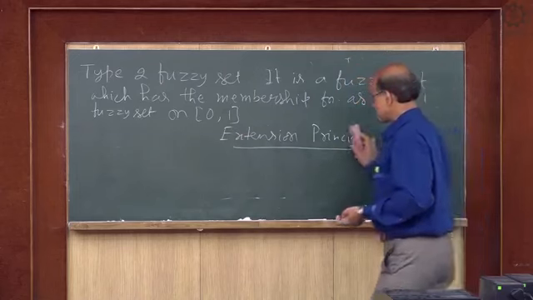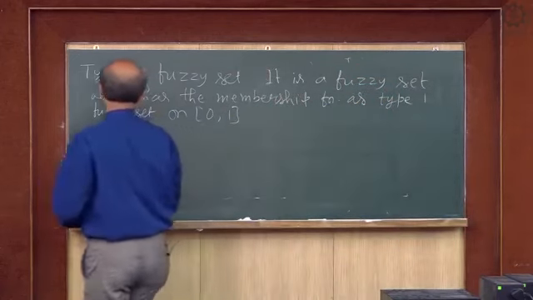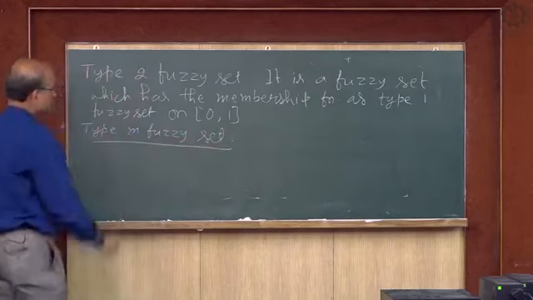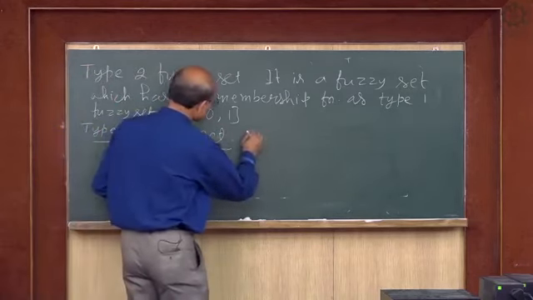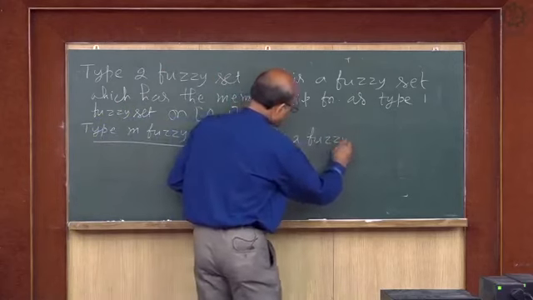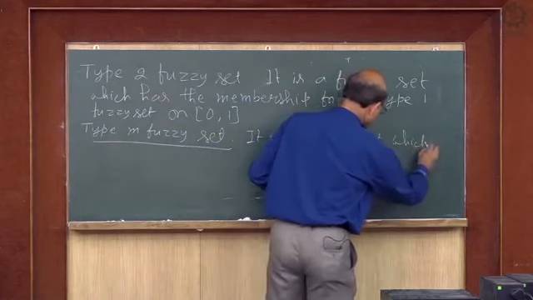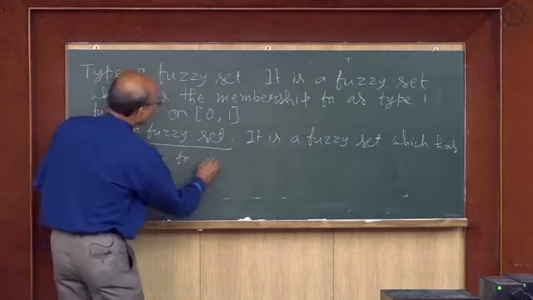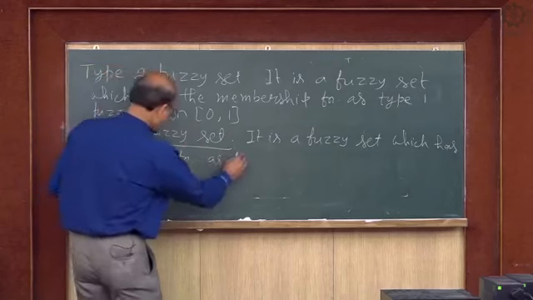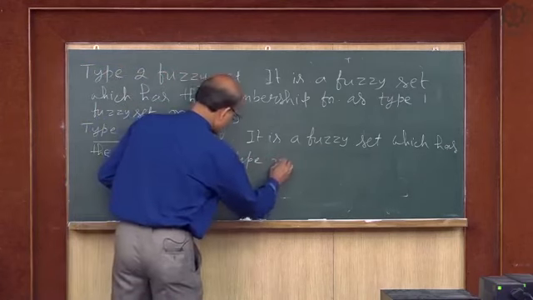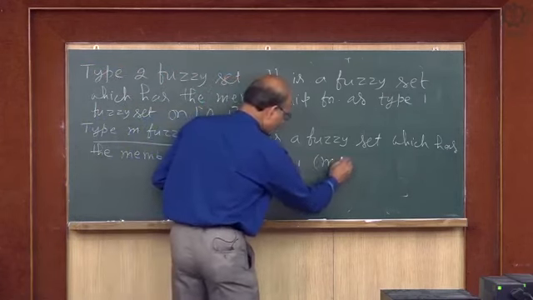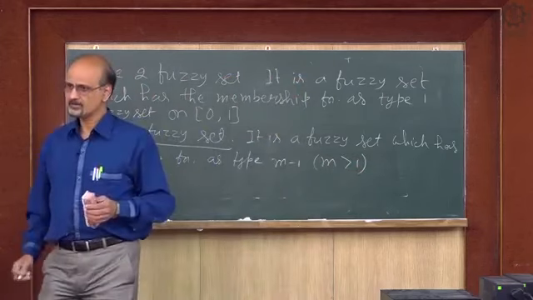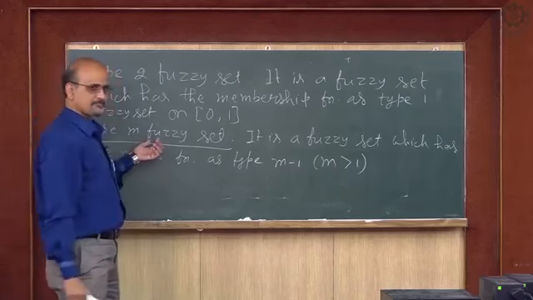Let us now define a type M fuzzy set. A type M fuzzy set is a fuzzy set which has the membership function of type M minus 1, and remember M should be greater than 1.